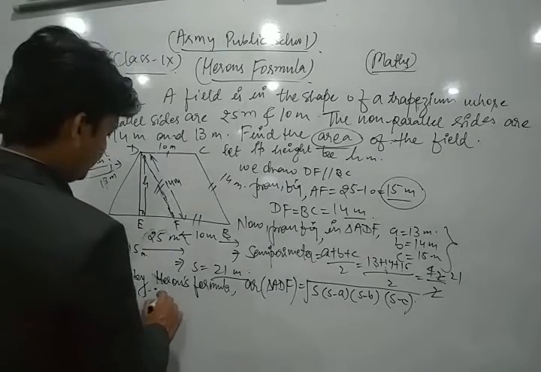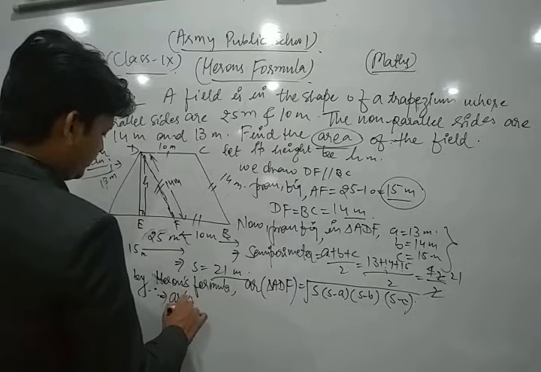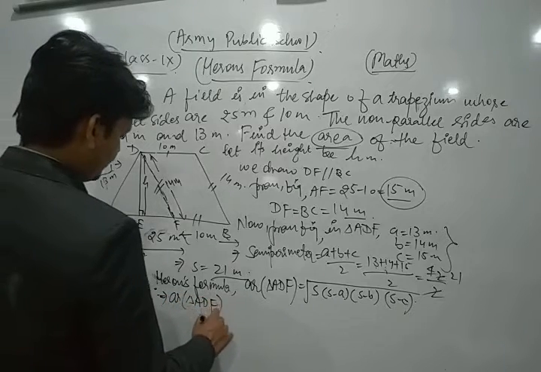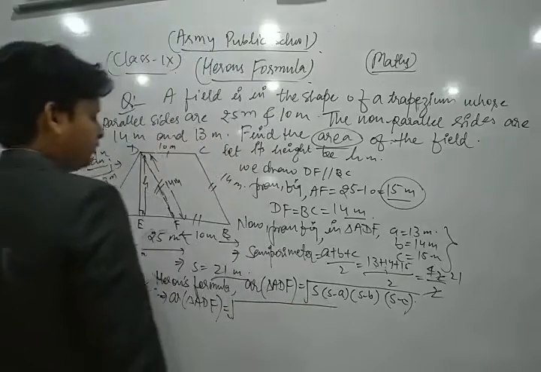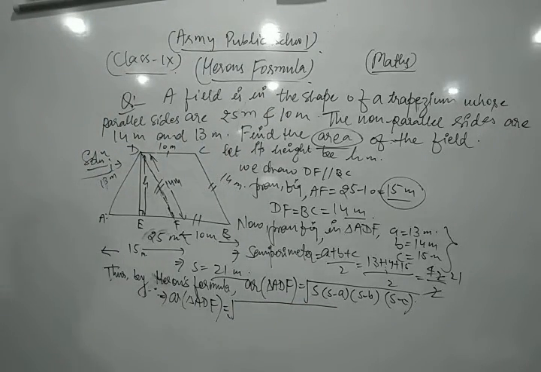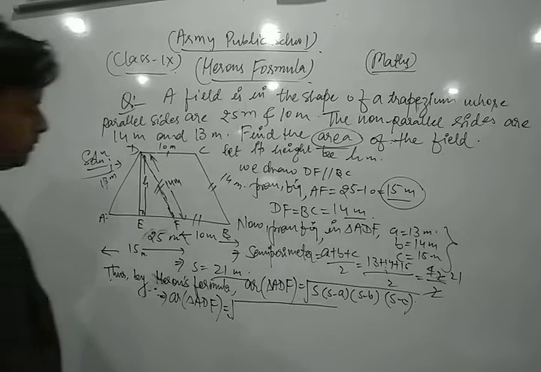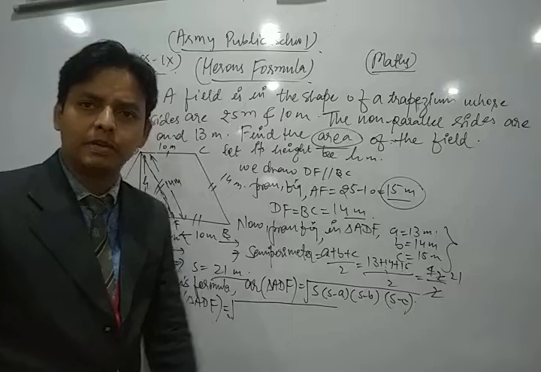So now, the value of S is what? 21. This is the semi-perimeter.